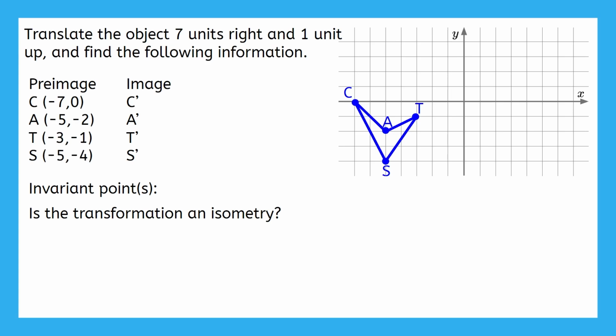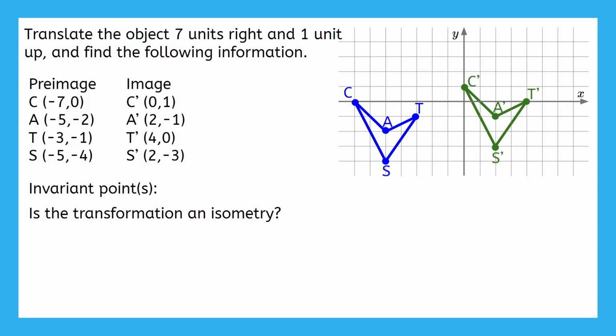When we shift this quadrilateral 7 units right and 1 unit up, it'll land here. All the points on the quadrilateral moved right 7 units and up 1 unit. So, following this pattern, we can now label the vertices on the image.